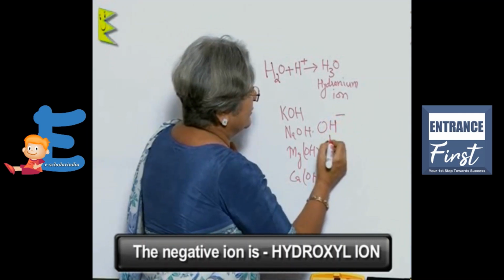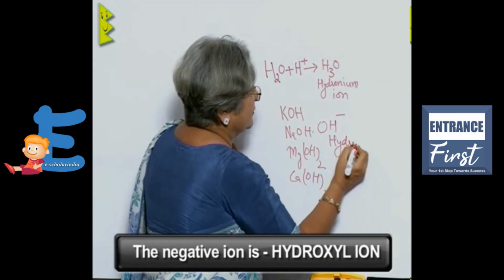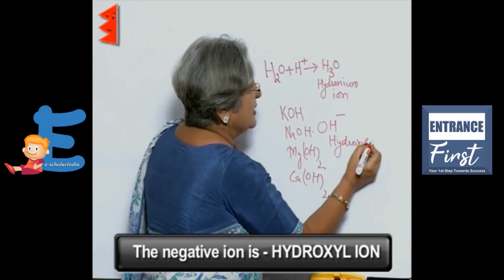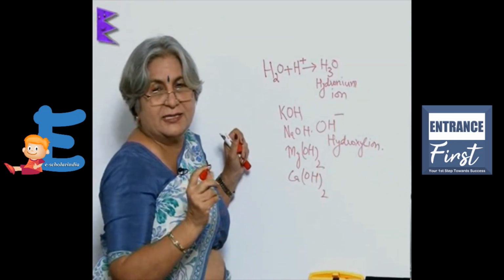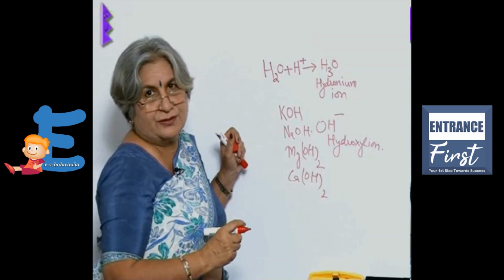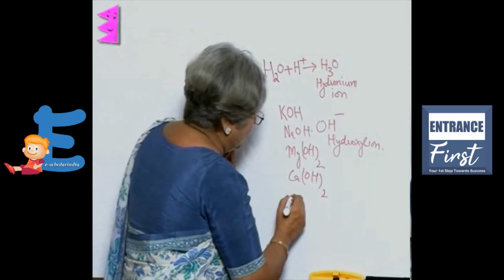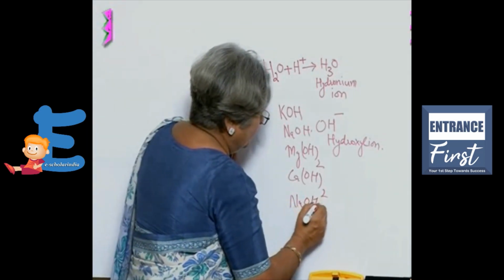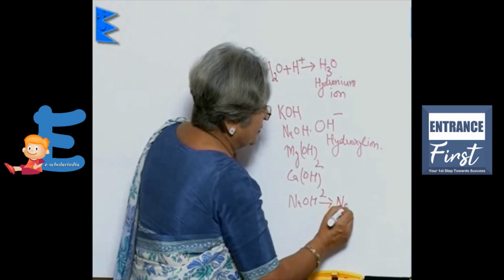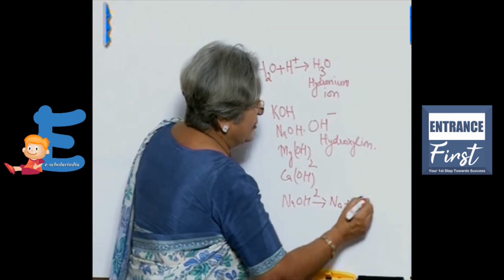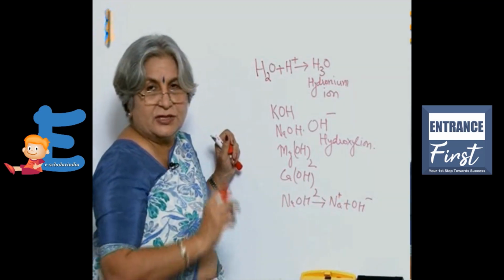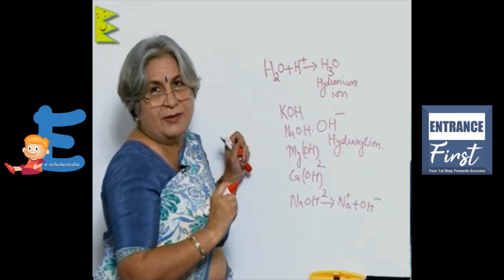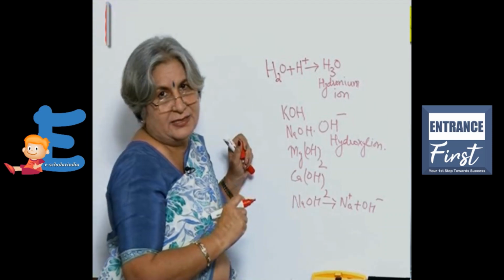Hydroxyl ion. And just like hydrogen ion, hydroxyl ions are also released only in aqueous solution. So, sodium hydroxide will give us sodium and hydroxyl ions. So, these are the factors that are common in the acids and the bases.